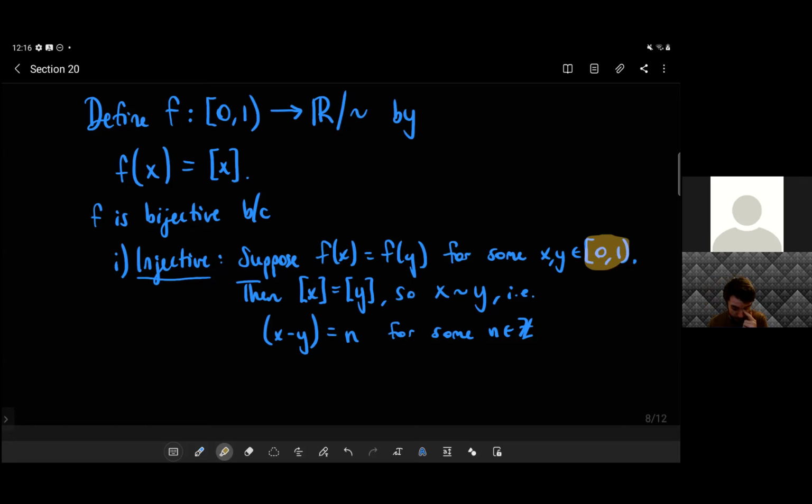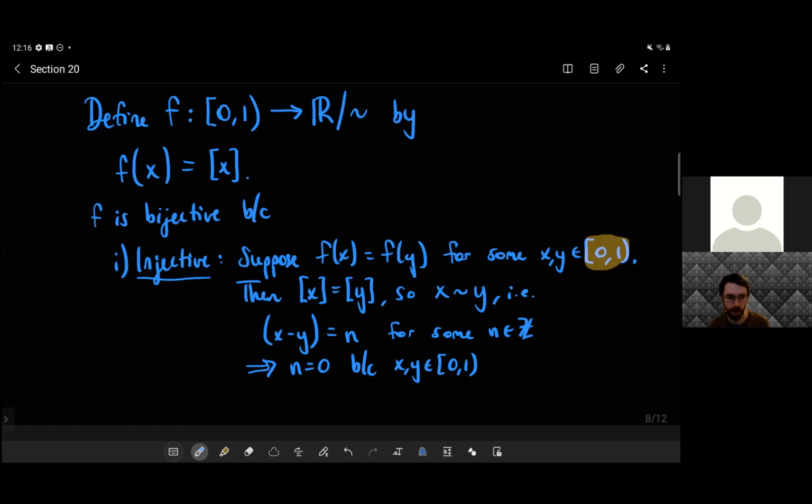The fact that X minus Y has to be equal to an integer means that integer is actually going to be forced to be 0. So this implies N equals 0 because X and Y are between 0 and 1. In particular, X minus Y can't be anything other than 0.